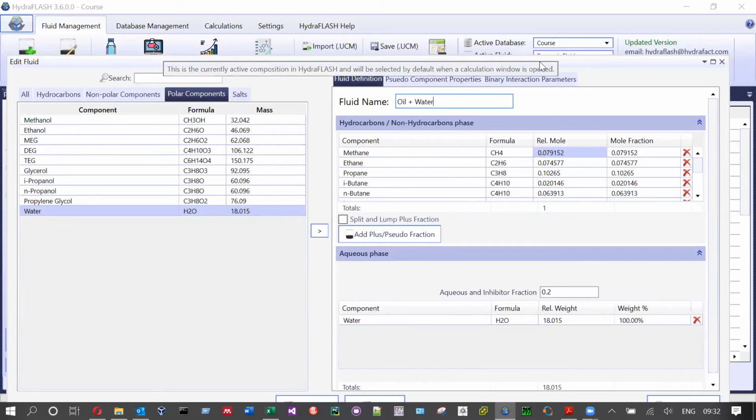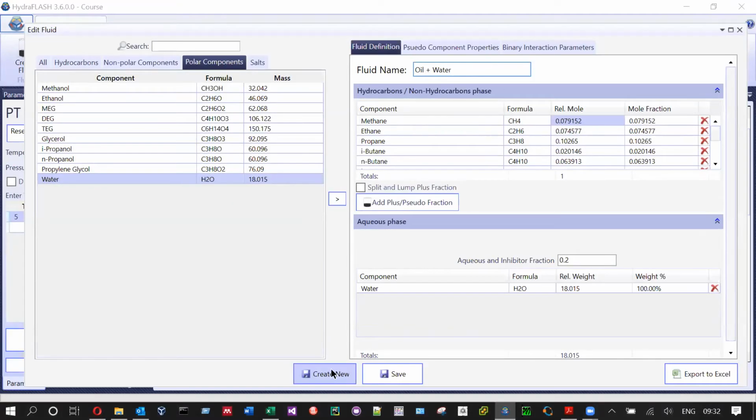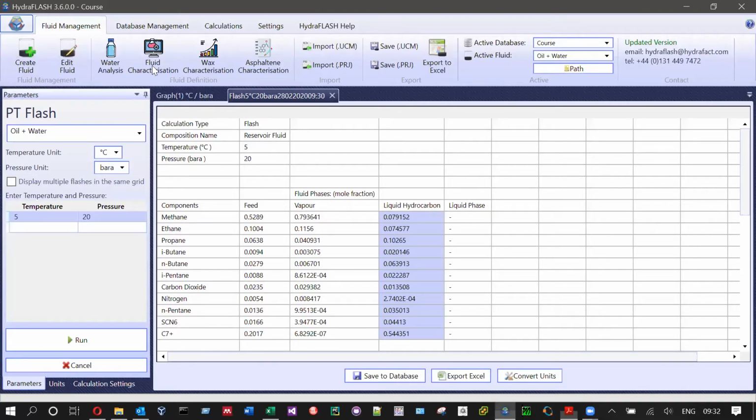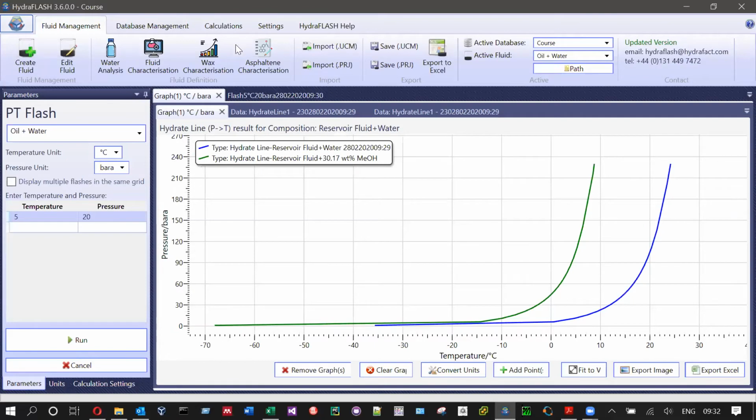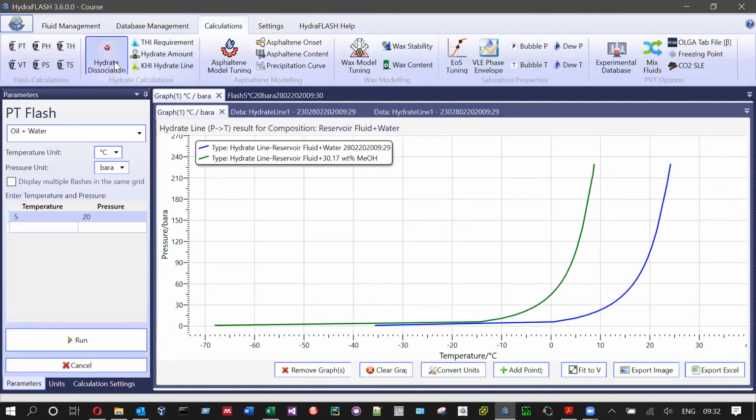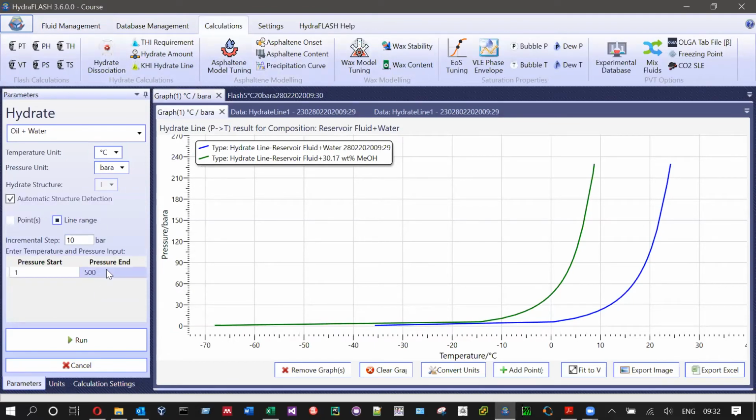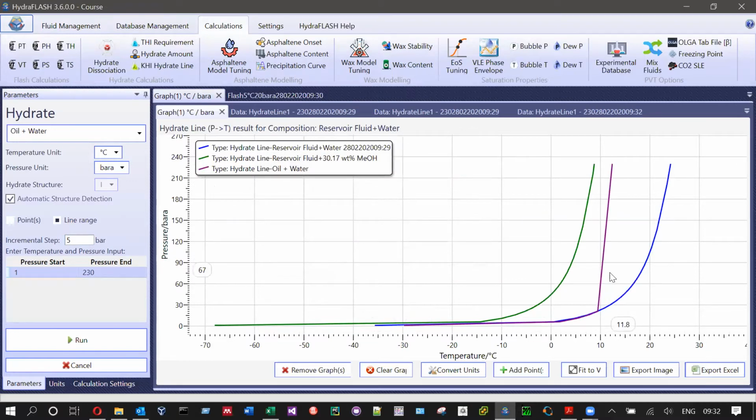Then I create a new composition and perform the hydrate calculation for this range. So this is the hydrate dissociation line when there is only water in the system.